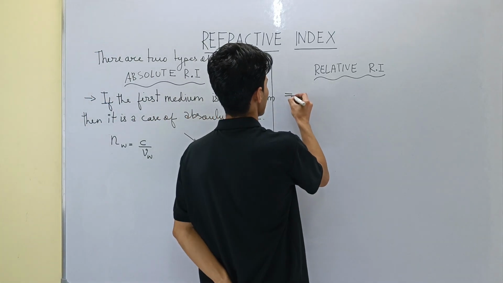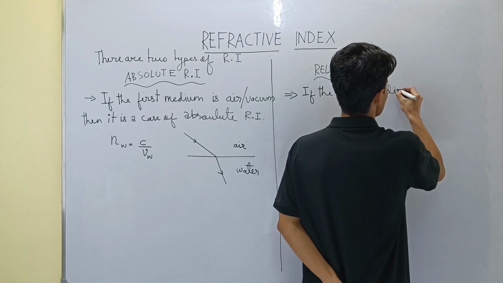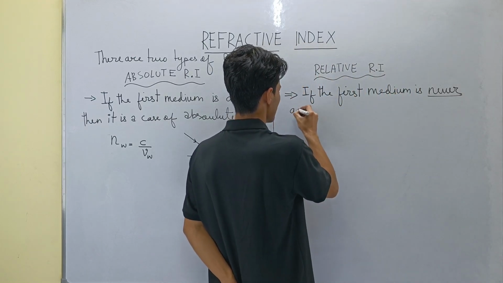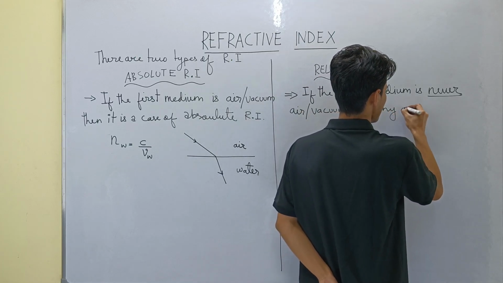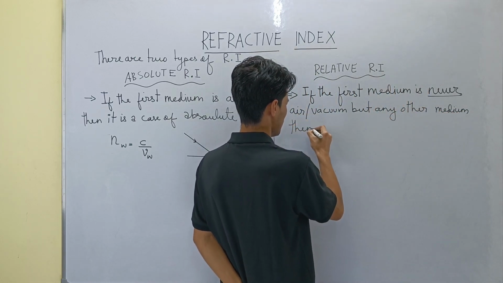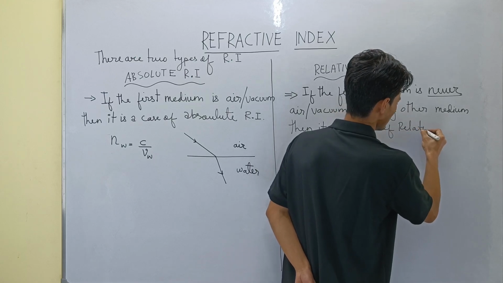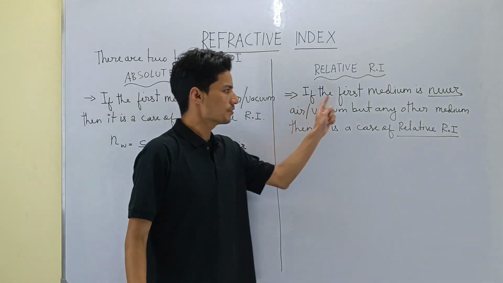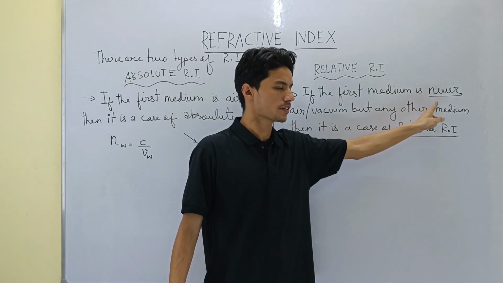Now let's go to relative refractive index. If the first medium is never air or vacuum but any other medium, then it is a case of relative refractive index.